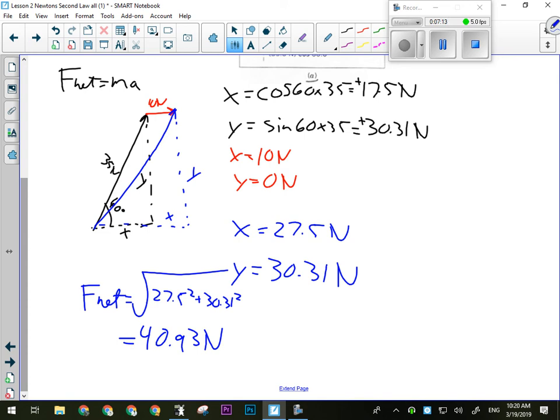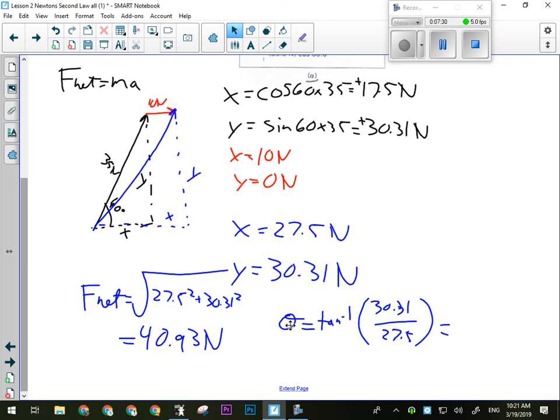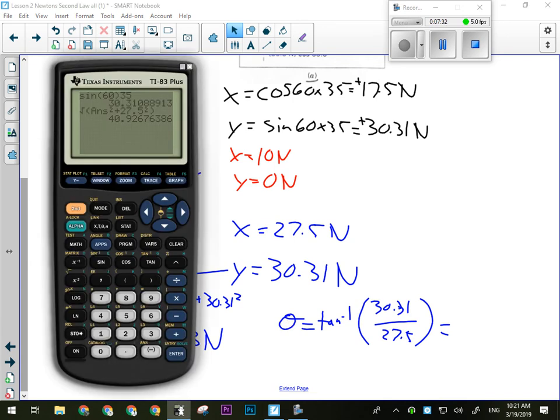Then we'll find the direction, because obviously force is a vector quantity, so we'll have tan to the minus 1 of, for me, y over x, the way I drew it, so 30.31 divided by 27.5, which is 47.78 degrees.